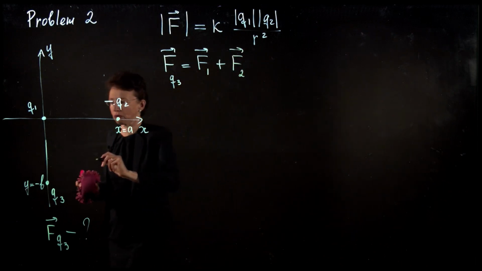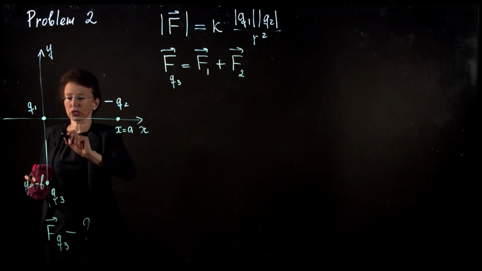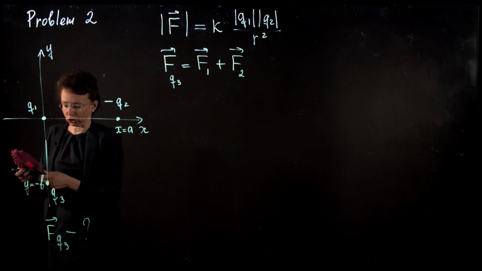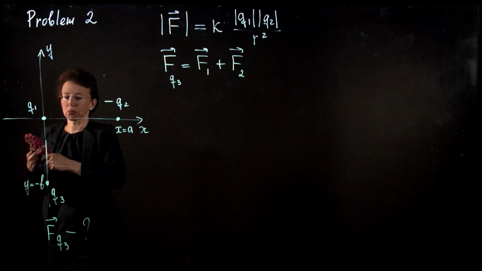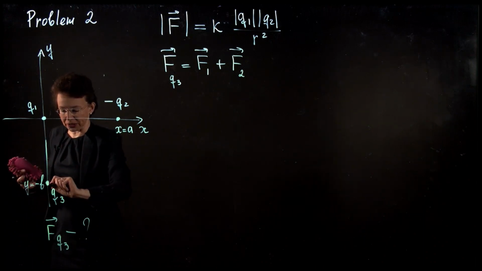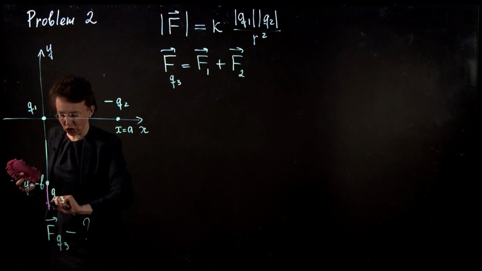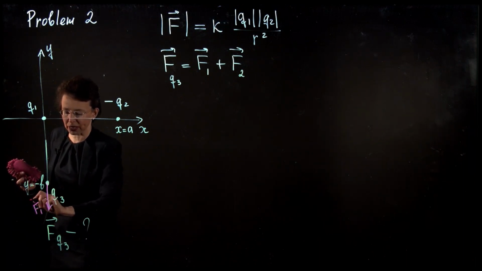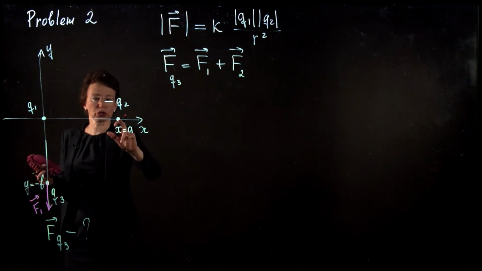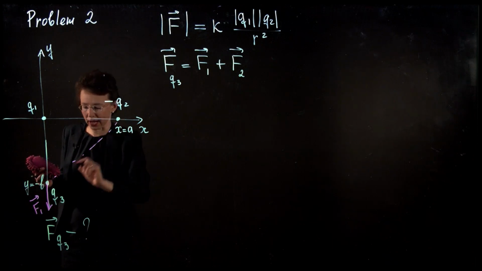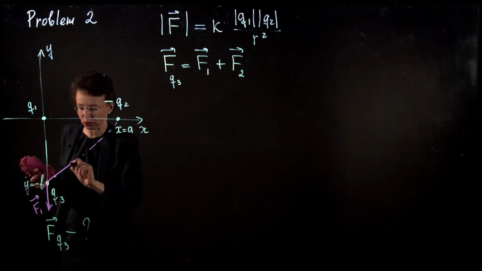We will call this force F2. And let's draw these forces applied to Q3, the charge of interest. The force exerted by Q1 on Q3 will be a repulsive force because both charges are positive. So this force F1 will be down. And the force exerted by Q2 on Q3 will be along this line, and it will be an attractive force.